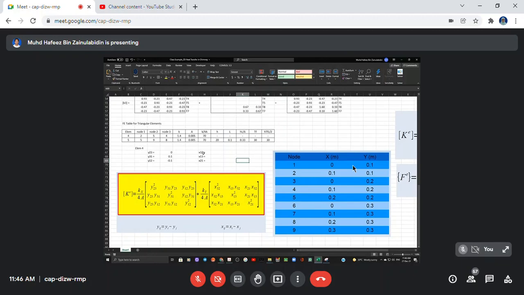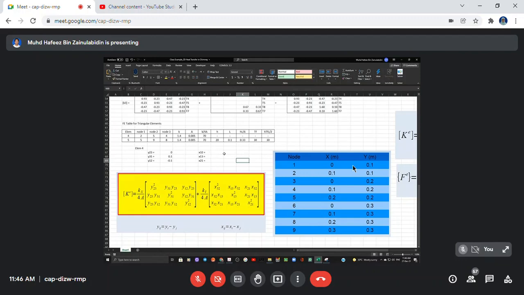Node 3 refers to node 3 for element 4, which is node 4. Coordinate x for node 4 is 0.1. You can write 0.1.